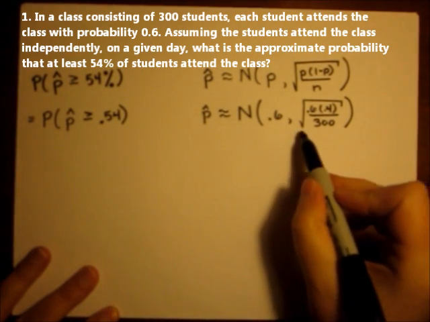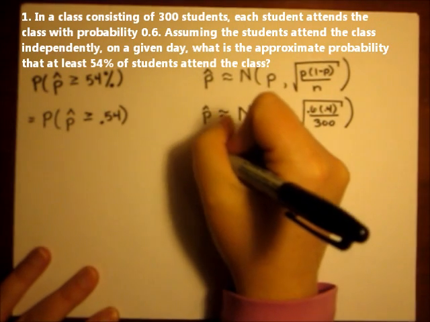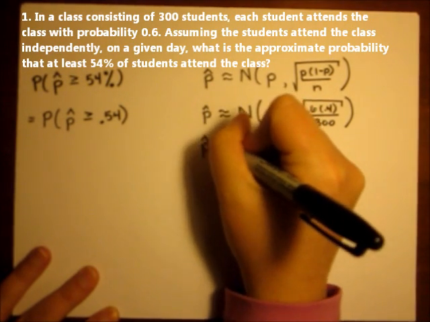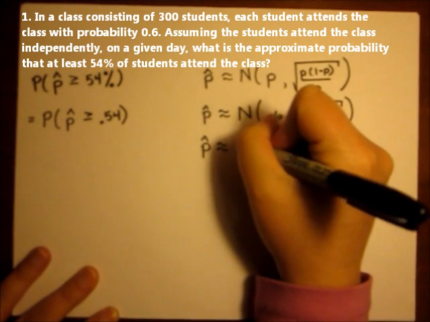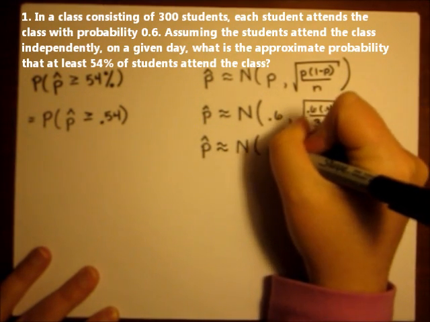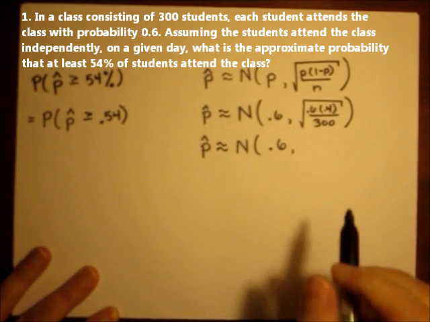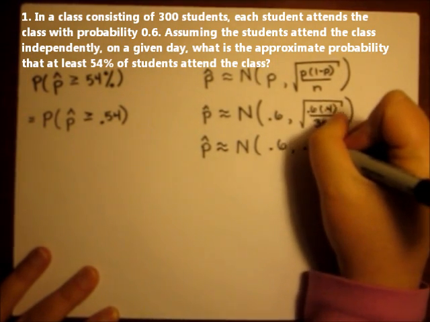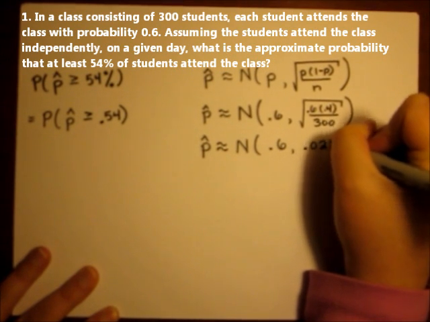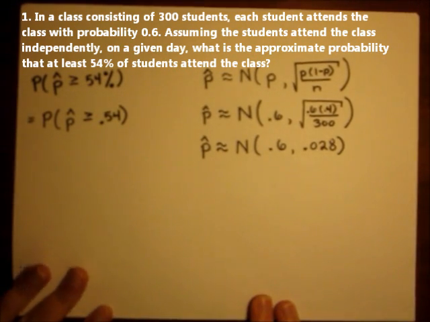If we feel more comfortable simplifying the second number, what we get is that the proportion of students who attend on any given day approximately follows a normal distribution with mean 0.6. And if I multiplied, divided, and then took a square root, I would get about 0.028 for my standard deviation.